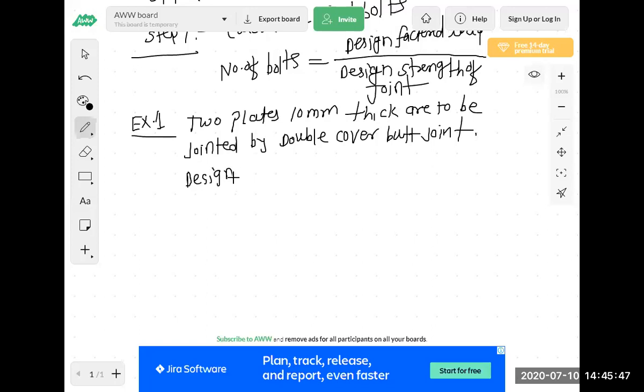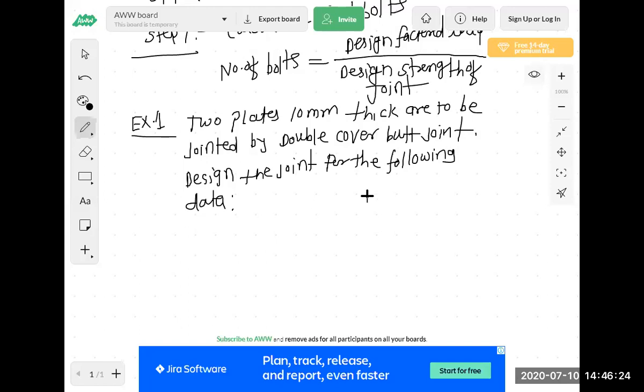Design the joint for the following data. Two plates 10 mm thick are to be jointed by double cover butt joint. Design the joint for the following data. Design the joint means we have to calculate number of bolts.